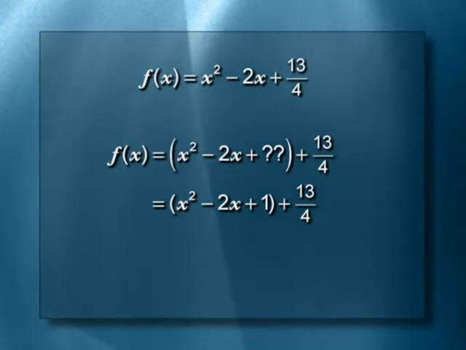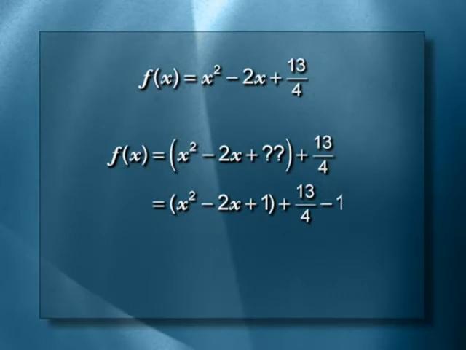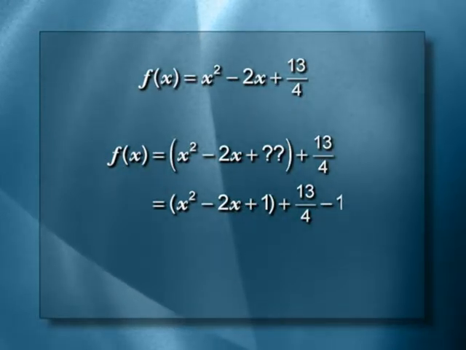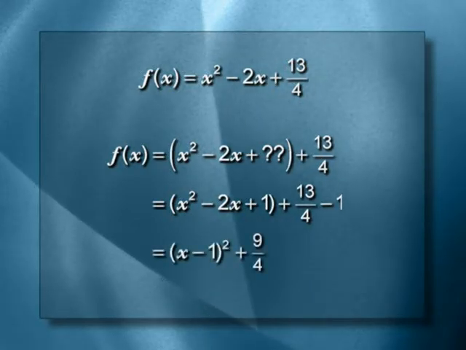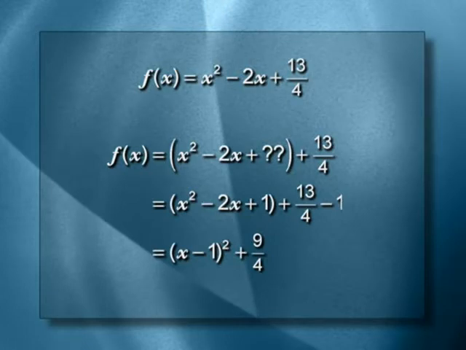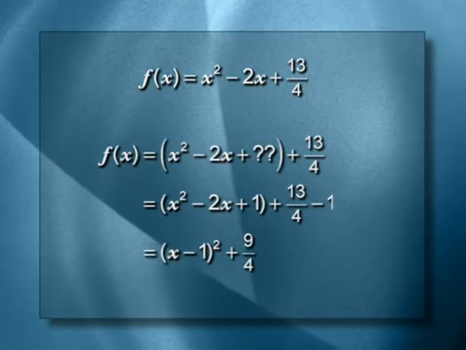But if I put a 1 in there, I've changed the problem. So I have to subtract 1 outside. So now the constant is 13 over 4 minus 1. So finally, when I factor that perfect square, I have f of x equals x minus 1 quantity squared plus 9/4.